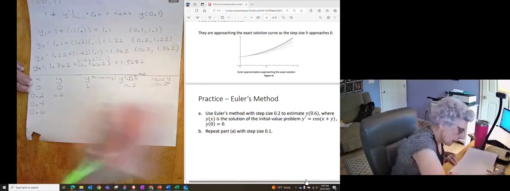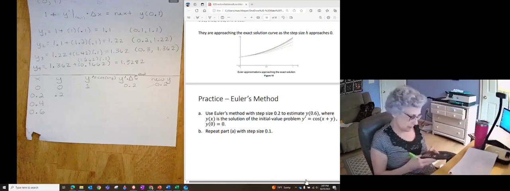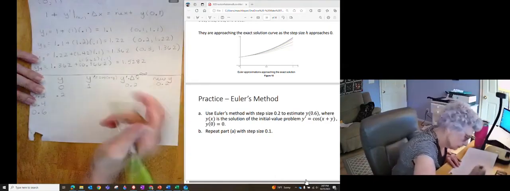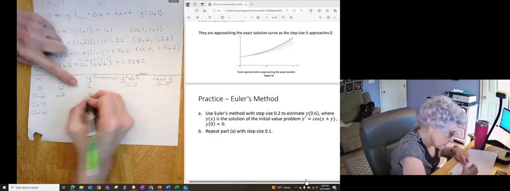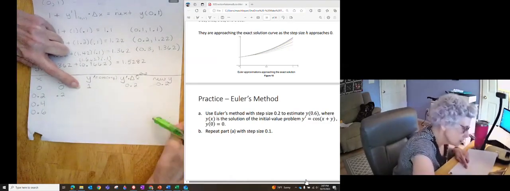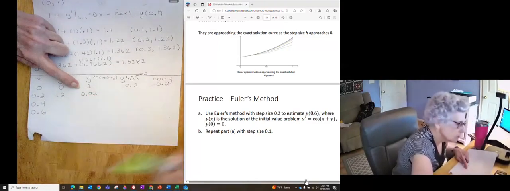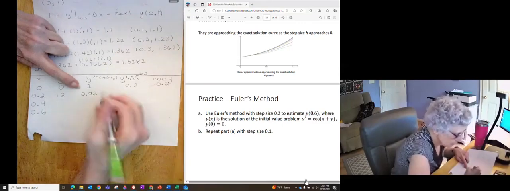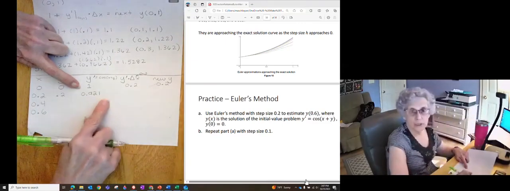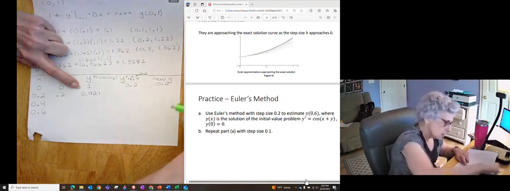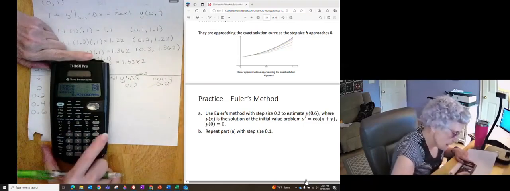0.2 is a point. I need to find my derivative, so y prime is cosine of 0.4, which is a long number. So y prime was 0.92, and I'm only going to write down the first 3 digits, but I'm going to keep them all in there to keep it as precise as possible.